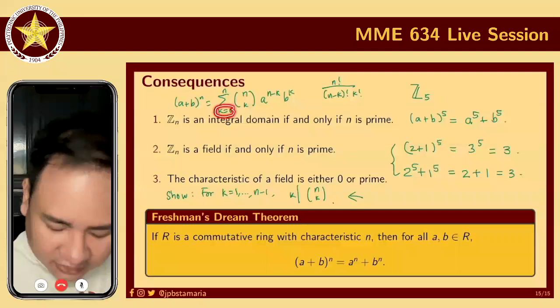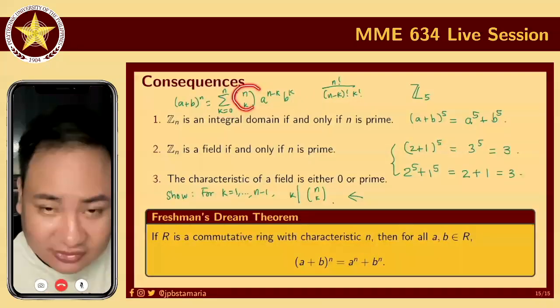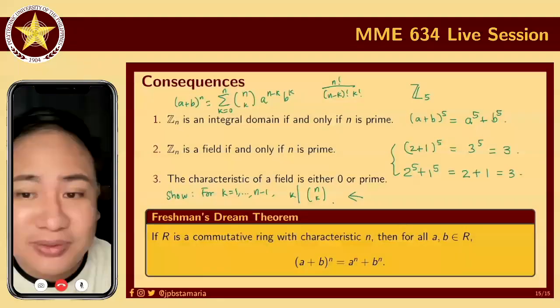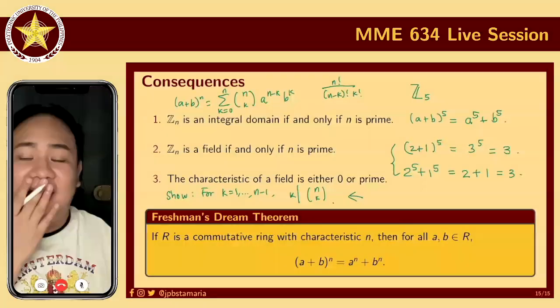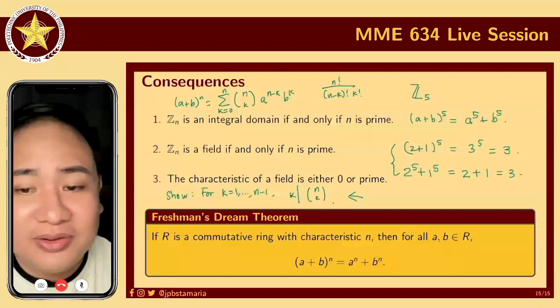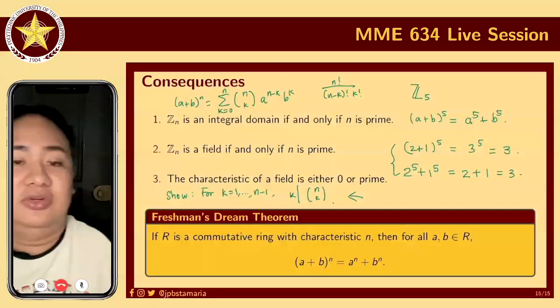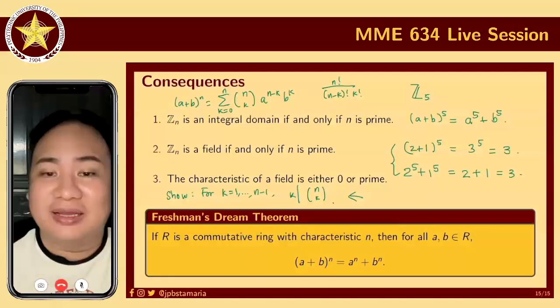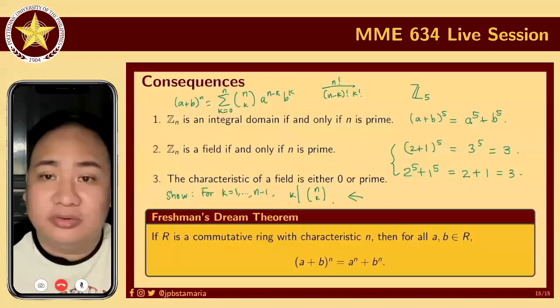Those are the two. All the ones in the middle vanish because n choose k is divisible by, I'm wrong, not k. Right. n choose k is divisible by n for k starting from 1 up to n minus 1. That's the proof. But I want you to do that on your own.